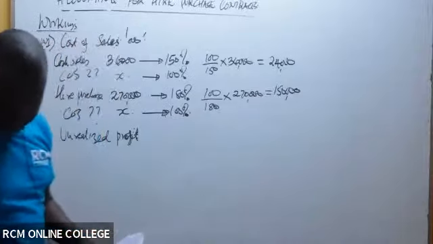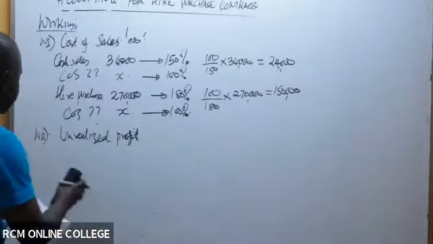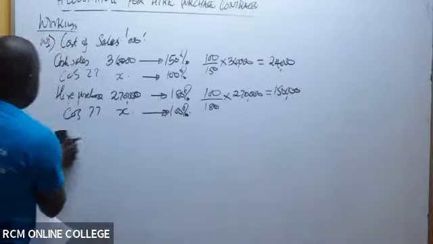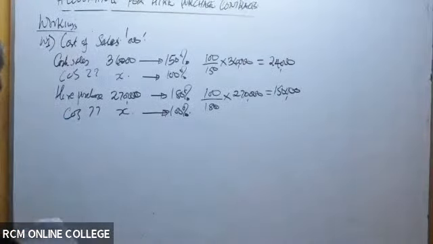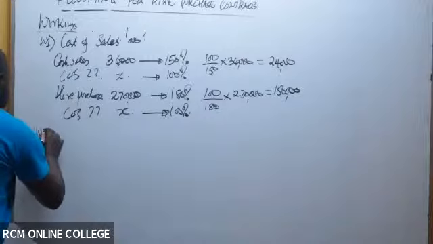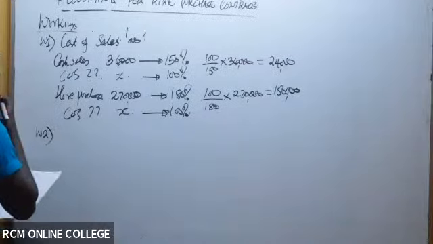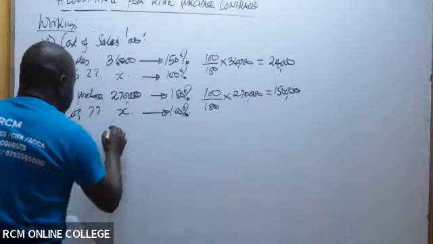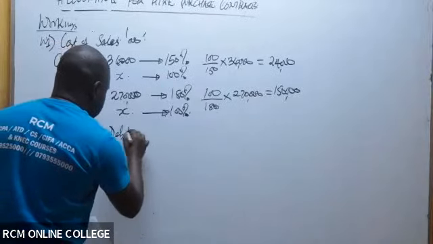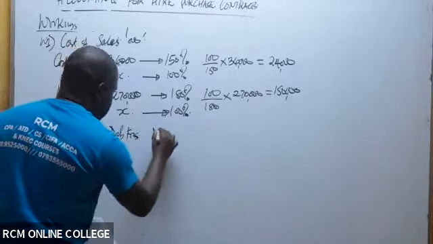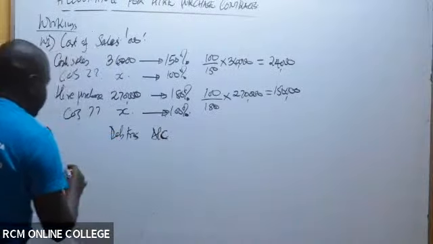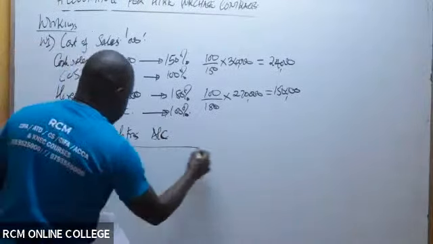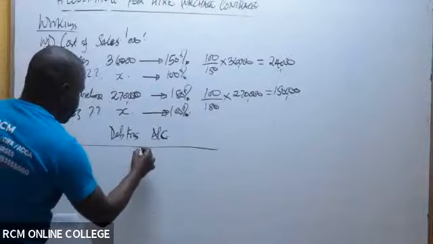But before this, instead of doing this one first, leave the unrealized profit for now. Before you do the unrealized profit, we can prepare the debtors account. Let's prepare the debtors account first.